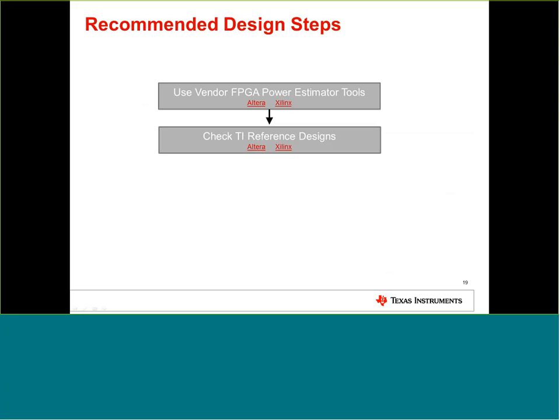There are really a lot of them, and in some cases it's really easy to just take a reference design and you already have the complete power supply structure for your FPGA. And the last step, you can also check on WEBENCH. There are a lot of tools you can use, like the FPGA Power Architect, which helps you to get the right design and the right DC-DC converters to power your FPGA.